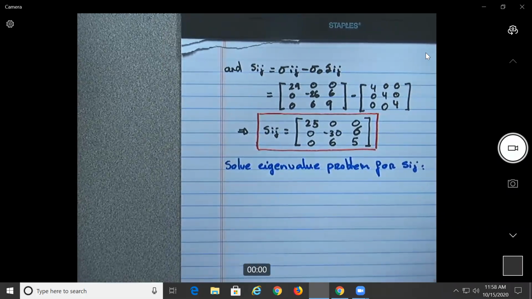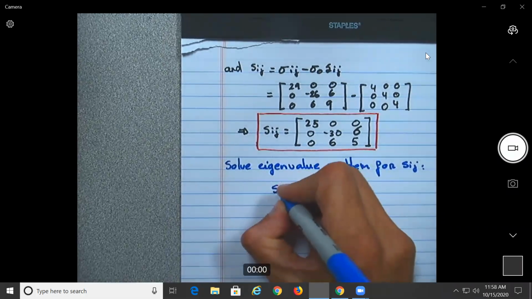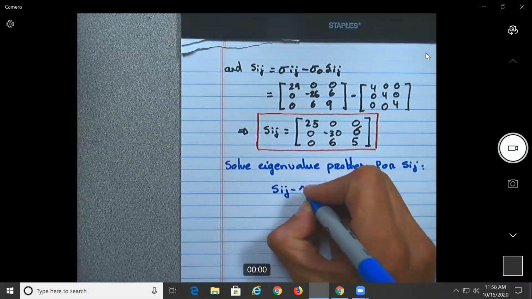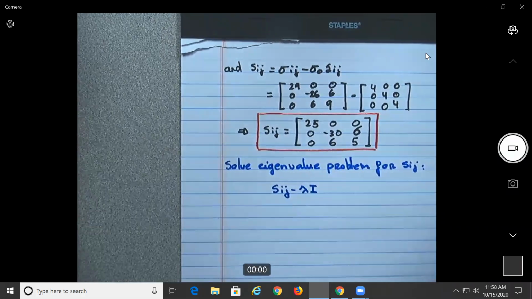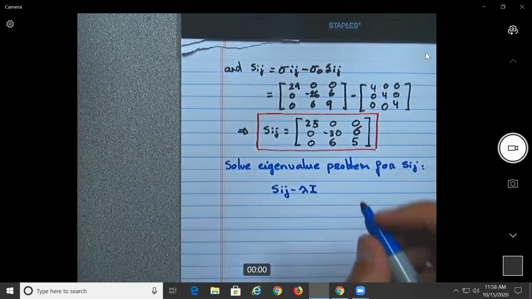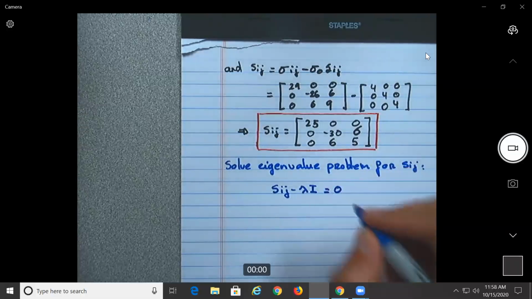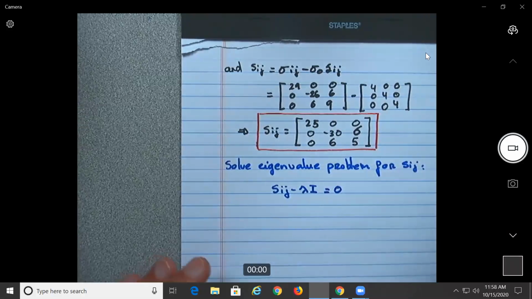Okay, so what is the eigenvalue problem? Remember, it's Sij minus a quantity times the identity matrix. Conceptually, you are trying to find the principal directions for the stresses, no? You're not going to know the magnitude, but you're going to know the general direction.